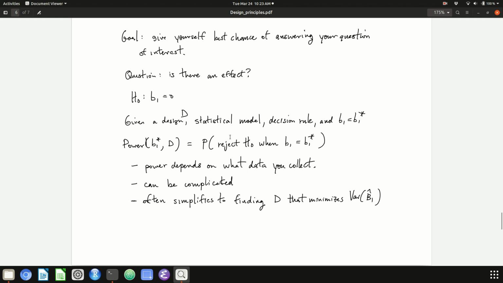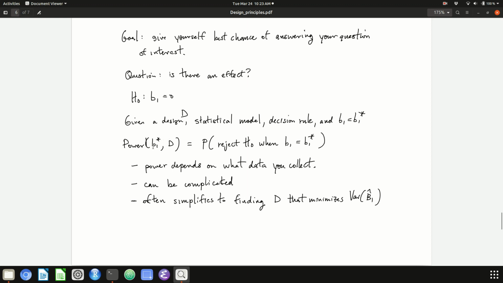So the power depends on the alternative hypothesized value of the parameter, and also it depends on what type of data you collect.